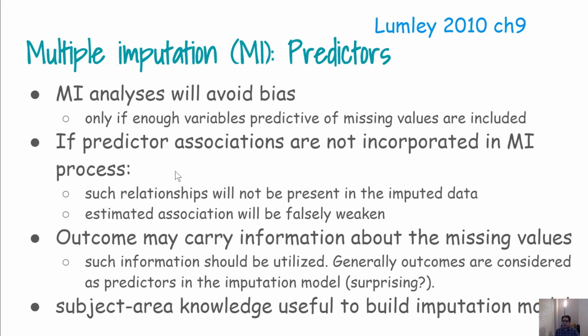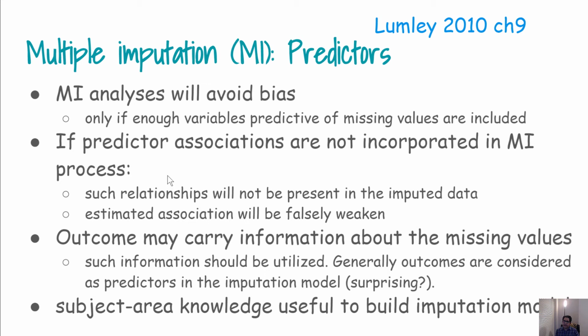It is worth talking about what should be the predictors for your multiple imputation. Any variable that is predictive of the missing value, say for example age, if that variable has some missing values, then any other variable that is predictive of that age variable should be in your predictive model.